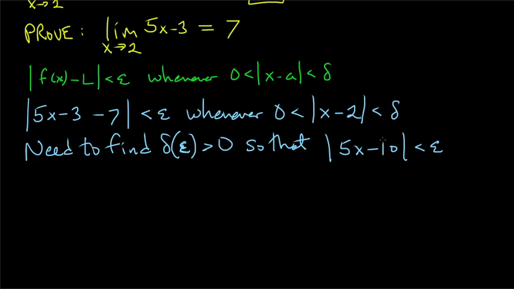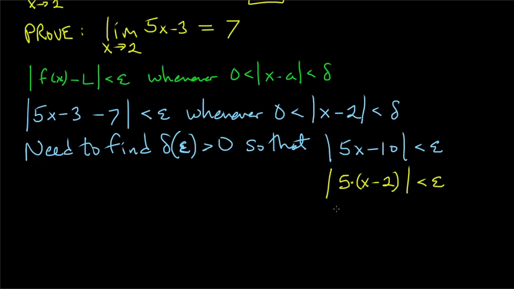Okay, so let's look at this more carefully. 5x minus 10 in absolute value. If I factor out the 5, I get 5 times x minus 2 in absolute value is less than epsilon. And if you remember anything about absolute value, when you take the absolute value of a product, you can split it up.